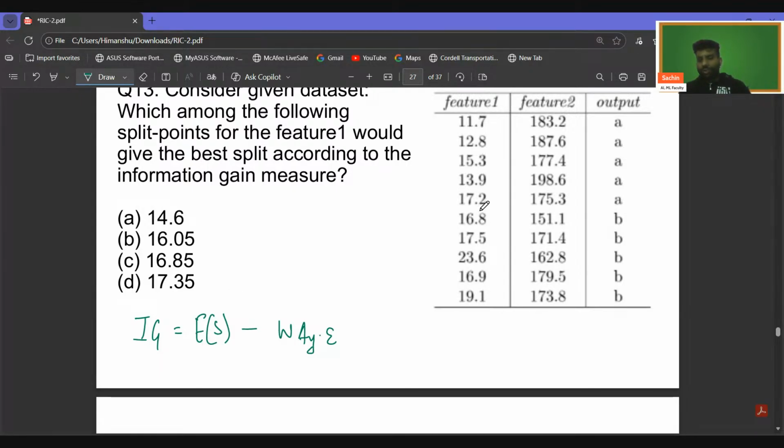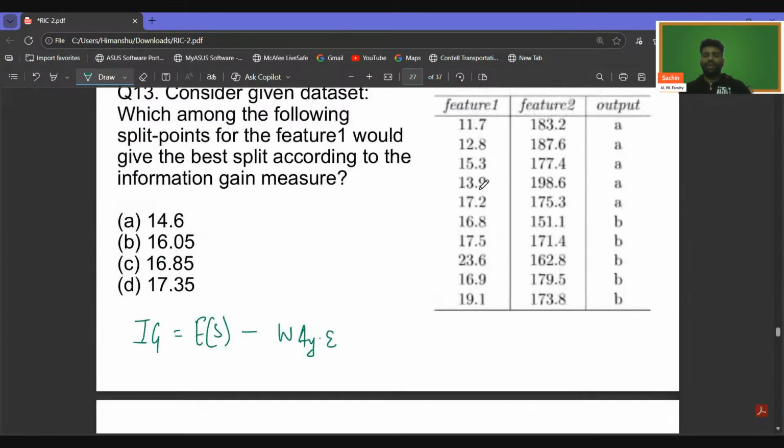Now for you to decide it properly, based on feature one, let's just divide it. Let me write it in sorted order.